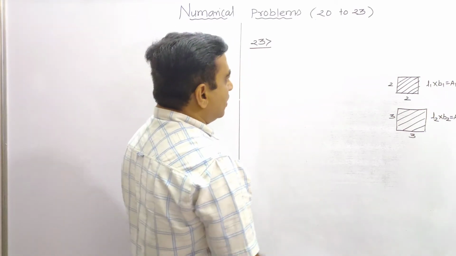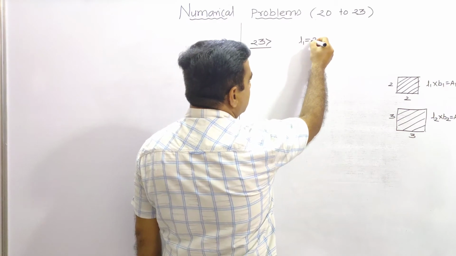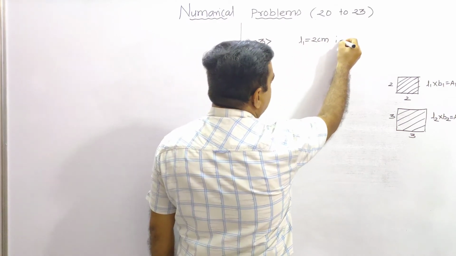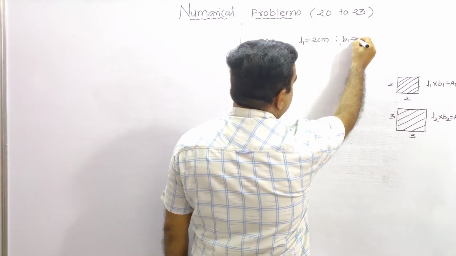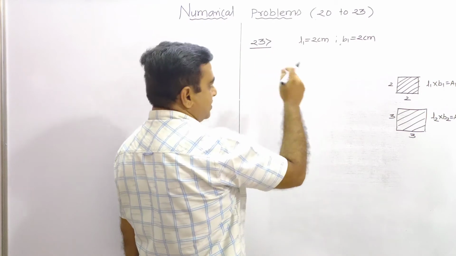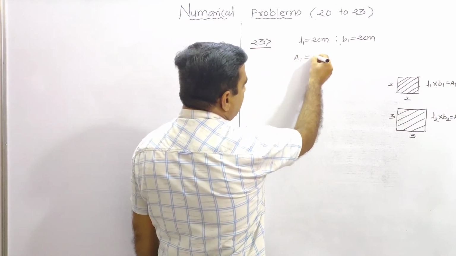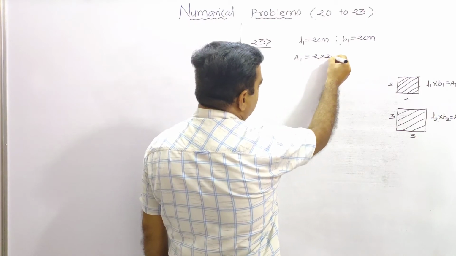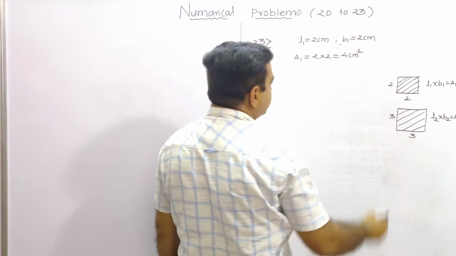So already L1 is given. L1 is equal to 2 centimeter. Here breadth B1 is equal to 2 centimeter. So here it is length into breadth. Area 1 is equal to 2 into 2, that is 4 centimeter square.